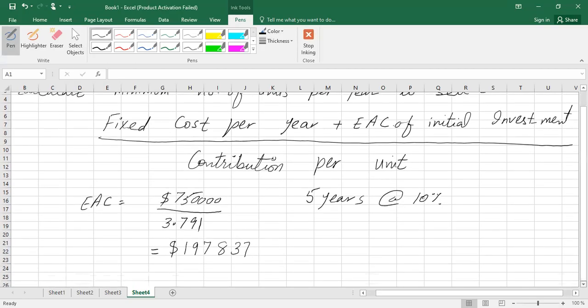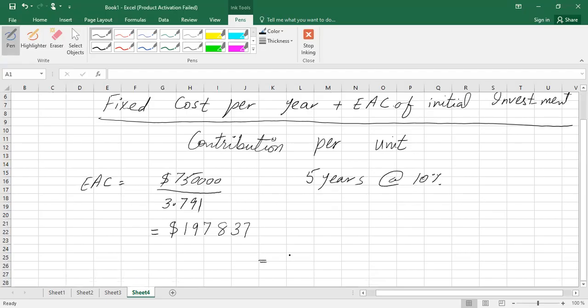Now we will follow this formula. Suppose fixed cost per year is $400,000 plus equivalent annual cost of 197,837. Suppose contribution per unit is 15.